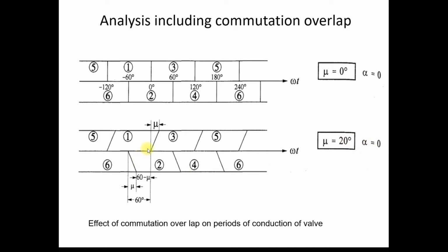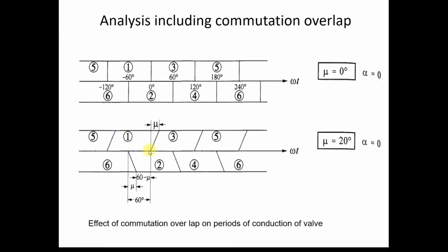At that time you can see that normally the phase crossover happens here at 0 degrees between phase A and B. Clear? At this point you can see that valve number 1 slowly decreases its current and valve number 3 current is increasing, and at the end of this commutation time valve number 3 is completely on and valve number 1 becomes completely off.